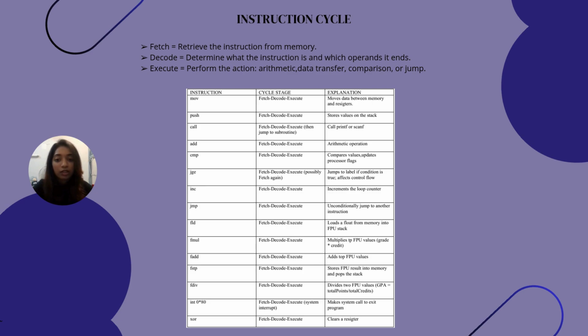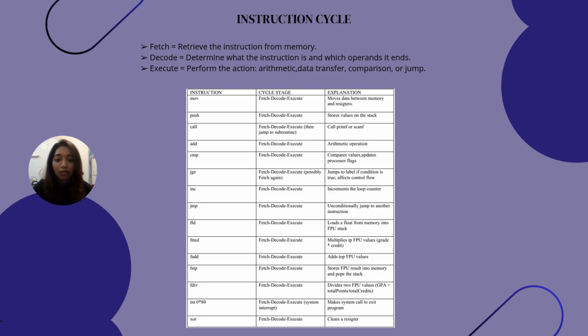JGE uses fetch, decode, execute, possibly fetch again, then jumps to a label if the condition is true. It also affects control flow. INC uses fetch, decode, execute to increment the loop counter. JMP uses fetch, decode, and execute to unconditionally jump to another instruction.